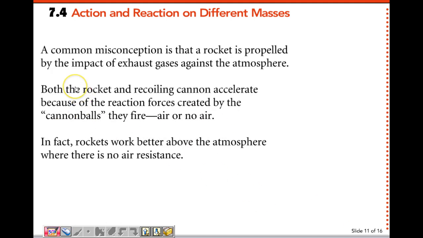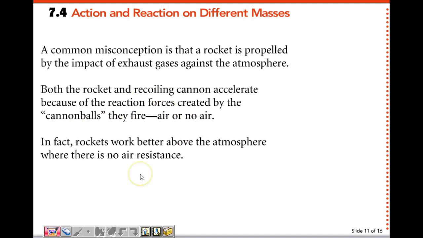A common misconception is that rockets only work when there's air present, but we see from this idea that really it's the interaction between the gas and the rocket itself that causes the rocket to move forward. So both the rocket and recoiling cannon accelerate because of the reaction forces, not because of air.